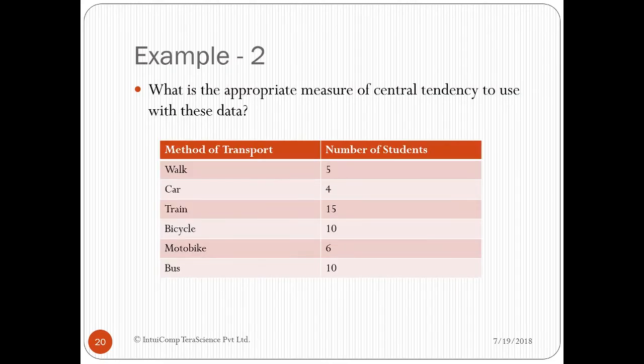Next is, what is the appropriate measure of central tendency to use with the data? Here the method of transport is given and the number of students who have used each method of transport. Here mode is the appropriate measure of central tendency to use, since categorical data is being dealt with.